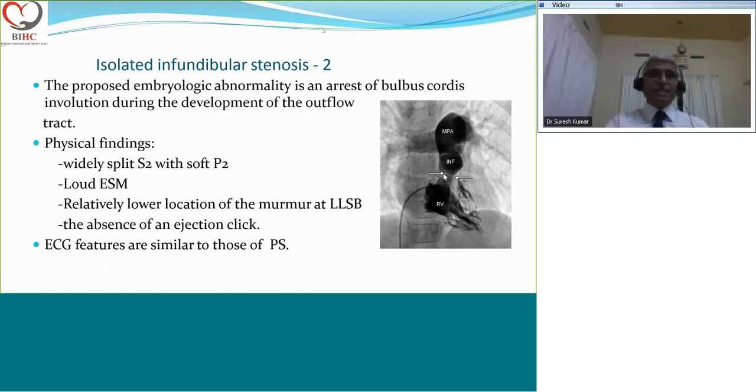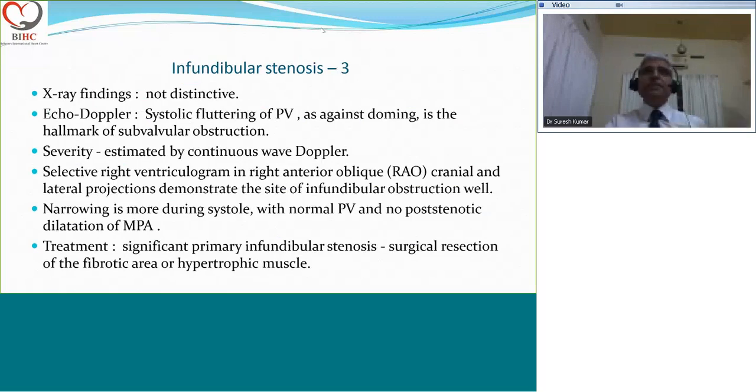On X-ray, there is nothing distinctive except that there is no main pulmonary artery dilatation. And in the echo, the pulmonary valve doesn't dome. It shows a systolic flutter. This is best seen in M mode. You find the systolic fluttering of the pulmonary valve as the hallmark of subvalvular obstruction. Severity is estimated by continuous wave Doppler.